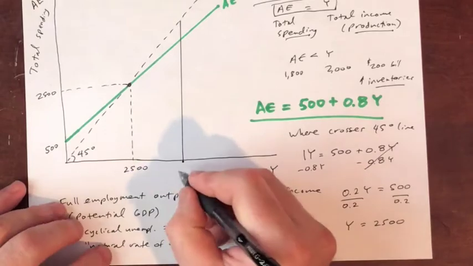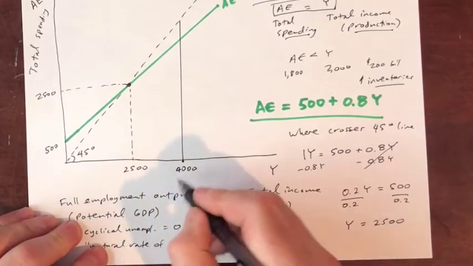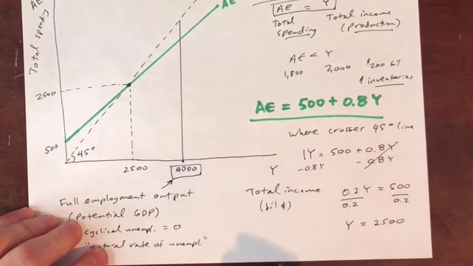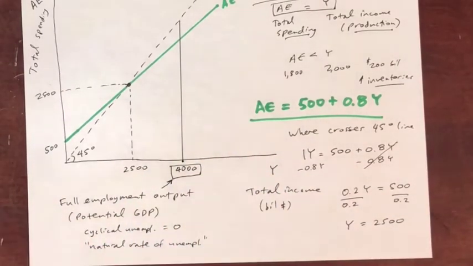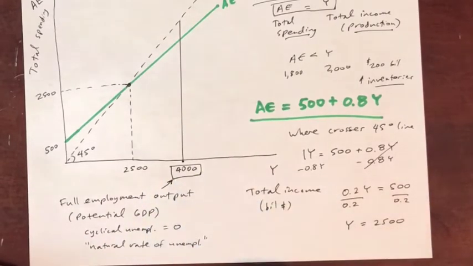Let's say that we happen to know in this economy the full employment level of output is 4,000. Again, all this is in billions of dollars. So our full employment output level, 4,000. Well, this tells us something, right?